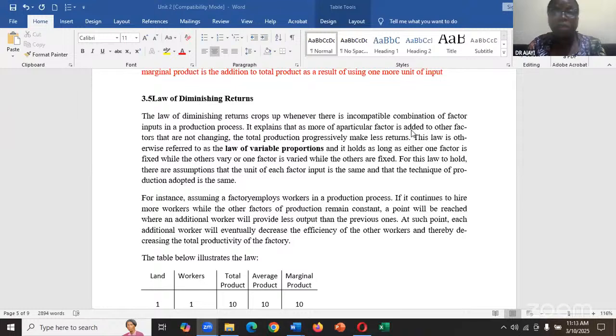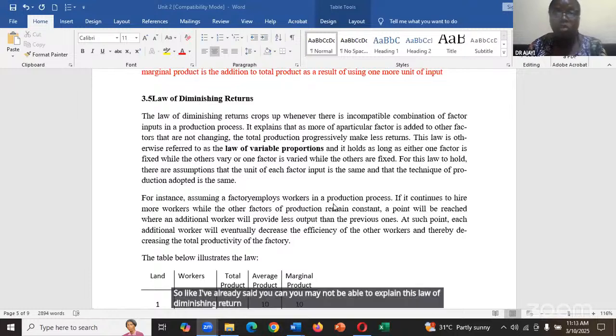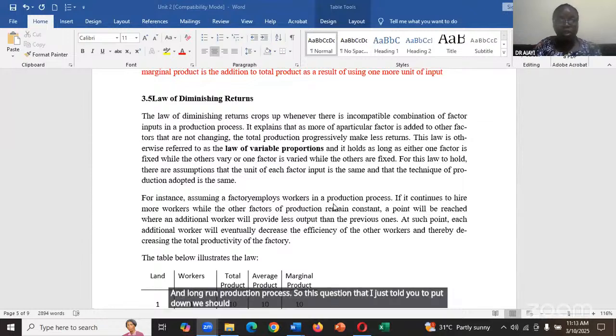So like I've already said, you may not be able to explain this law of diminishing return or law of variable proportion without noting what we mean by short-run production and long-run production process. So this question that I just told you to put down, we should be able to indicate what is the difference between the long-run and the short-run production process.